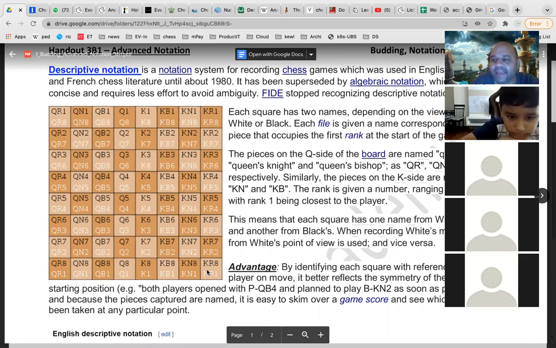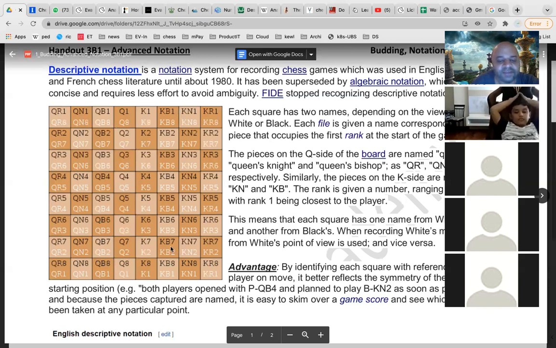It was always A. But here they are given a name based on the side. QR means queen side rook file. QN means queen side knight file. QB means queen side bishop file. Q means queen file. K means king file. Then KB means king side bishop file. KN means king side knight file, and KR means king side rook file. That is how the names are given.